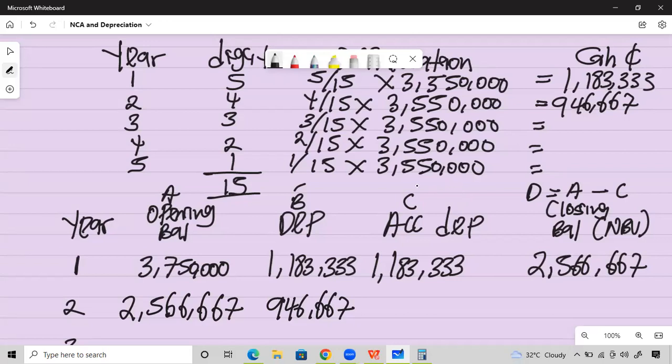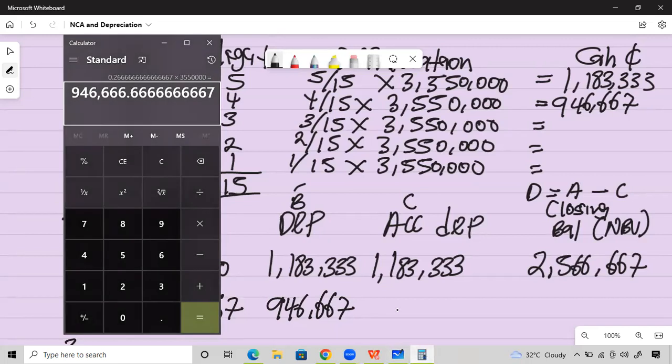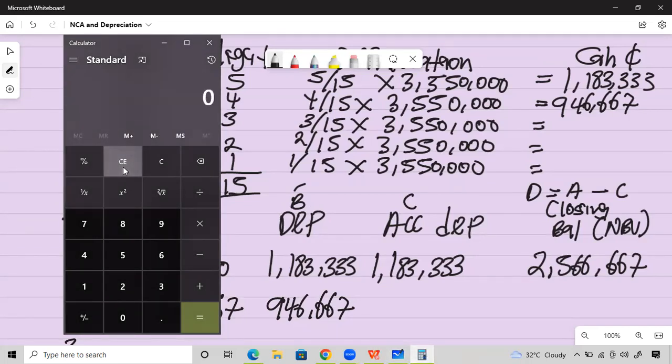So you now need to add. So I want to get the accumulated now. What is the accumulated that you have in year 1?